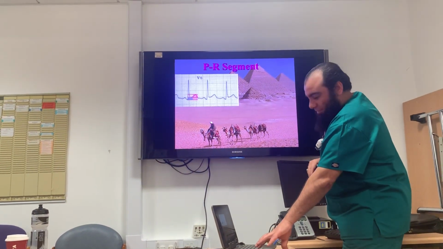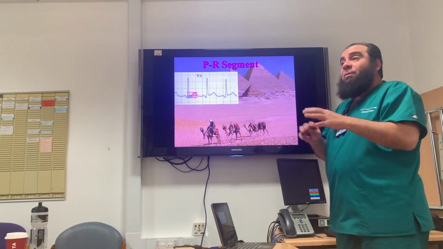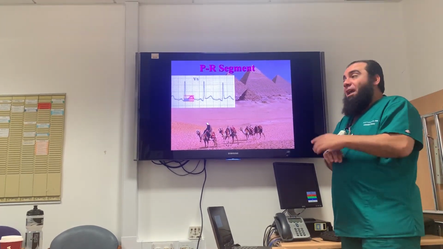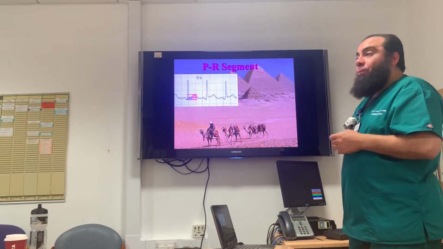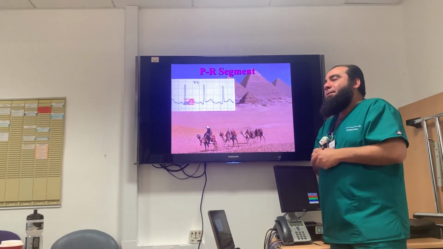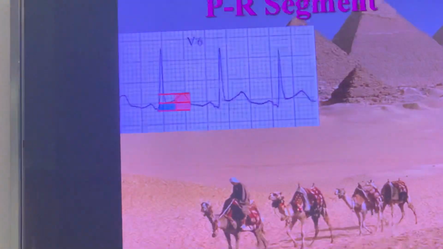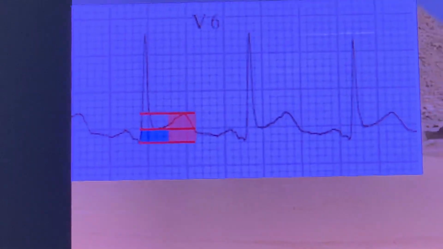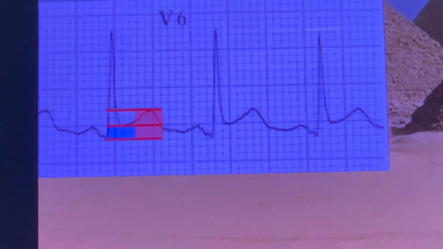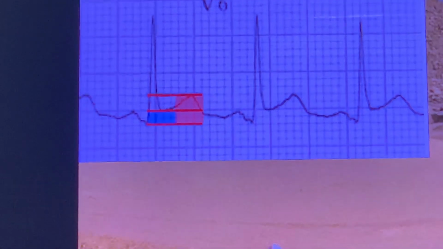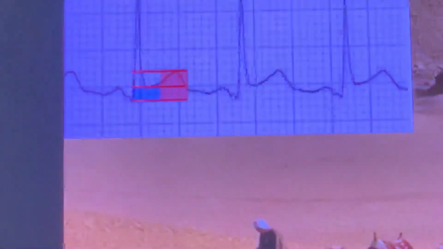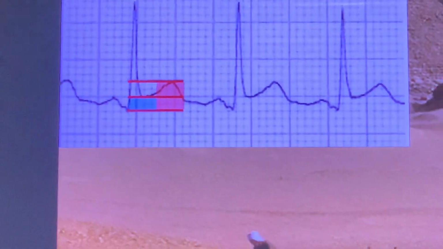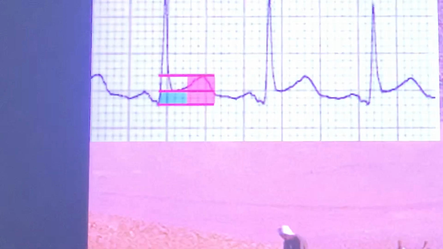Okay. PR segment. We don't usually speak about the PR segment, but I do. It is important because no one is usually trying to interpret the PR segment from the baseline. If I speak about a segment, not an interval, we are discussing how it varies from the baseline, either up or down.